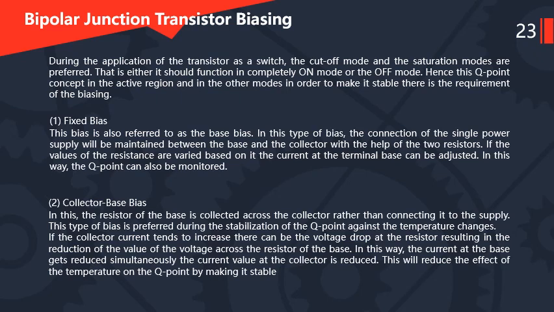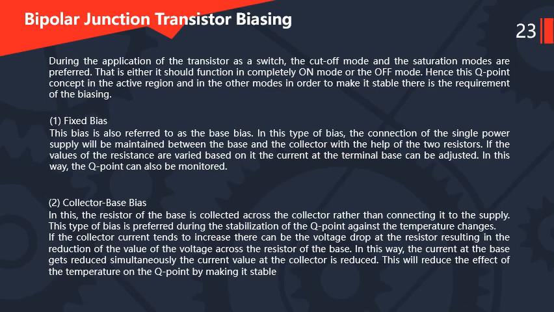Second is collector base bias. In this, the resistor of the base is connected across the collector rather than connecting it to the supply. This type of bias is preferred for stabilization of the Q point against temperature change.